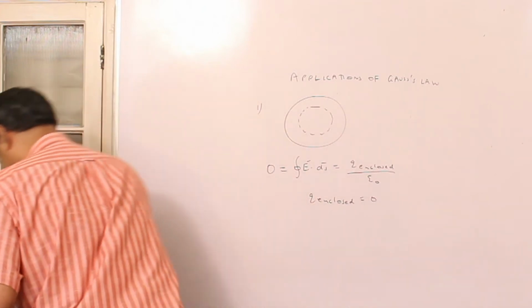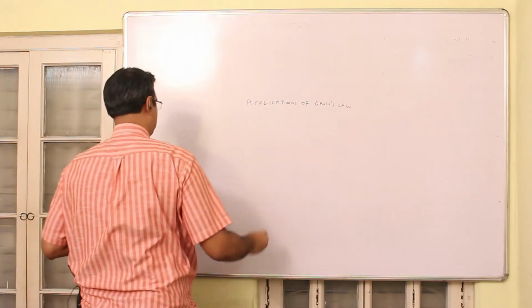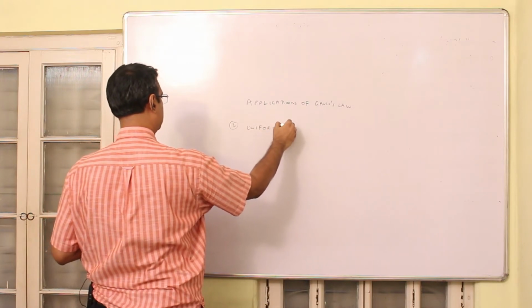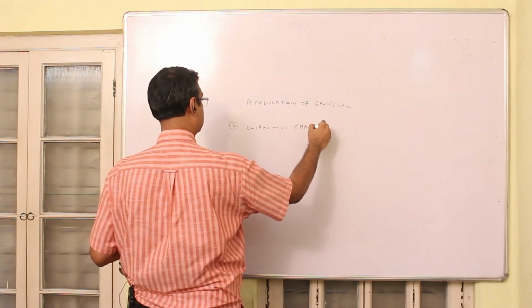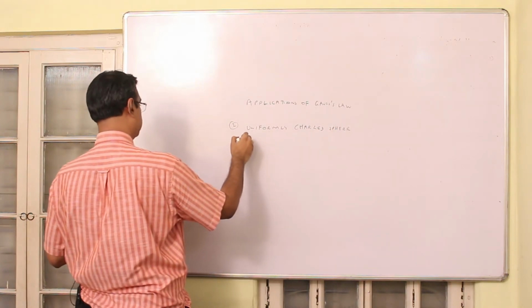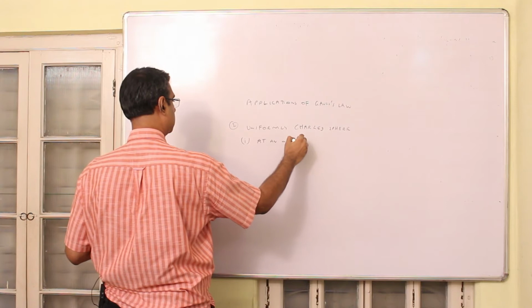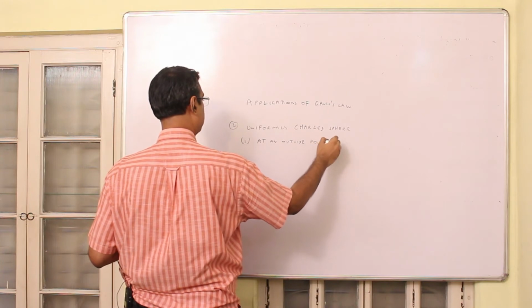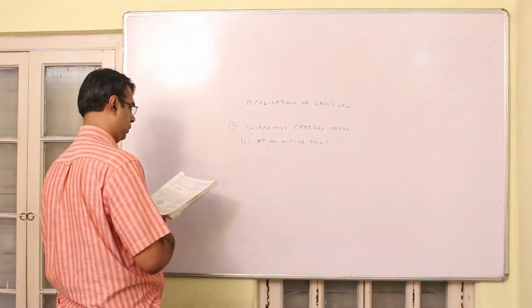Then we move on to application of Gauss's law number 2, that is the field due to a uniformly charged sphere, and first of all at an outside point.